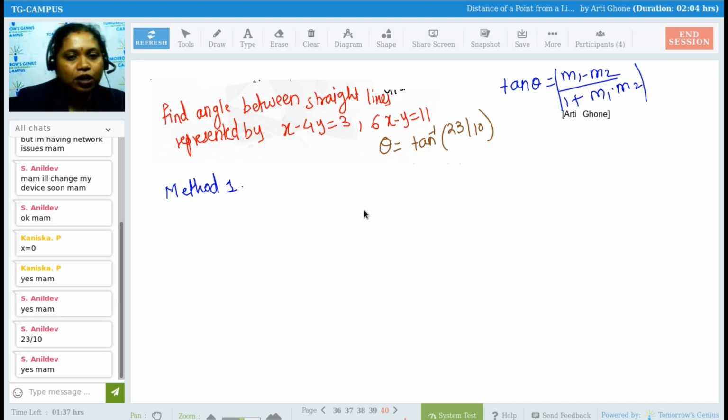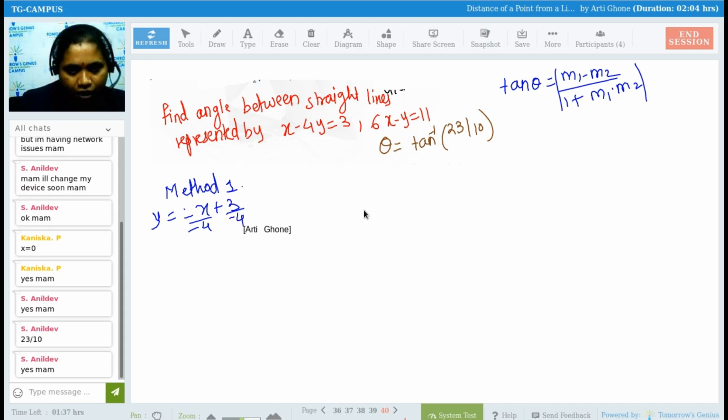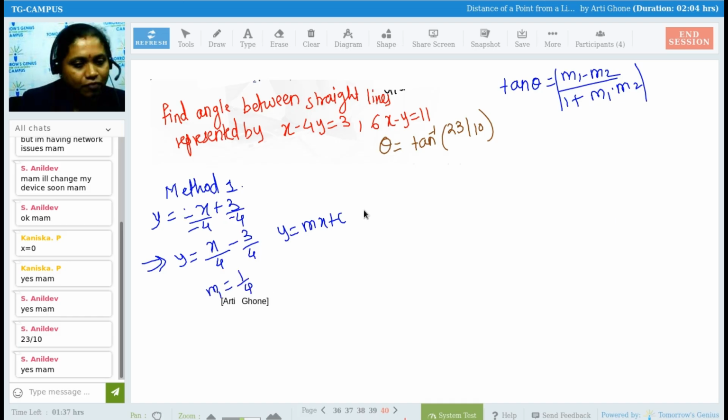So how can you do it? Solve this equation for y. For y, if I solve, what I get is minus x plus 3 upon minus 4, right? So it will be y is equal to x by 4 minus 3 by 4, and if I compare with y is equal to mx plus c, I'll get the value of m is equal to 1 by 4. So this is m1.